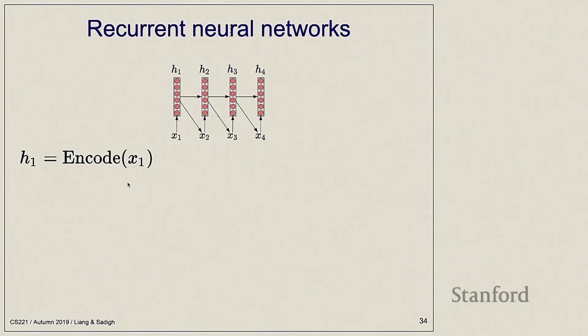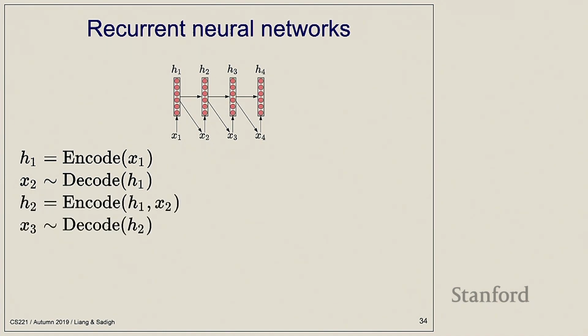The way this works is we have some function that takes x1 and encodes it into our hidden state. And then we have a second function that takes the hidden state and decodes it into the next input. We continue by taking both x2, our next input, and h1, our previous hidden state, and then we use that to create a new hidden encoding.